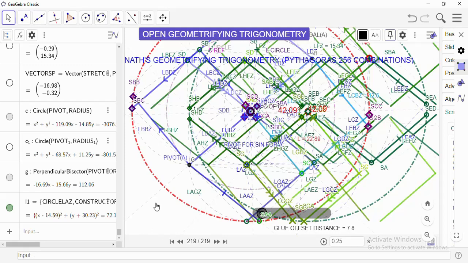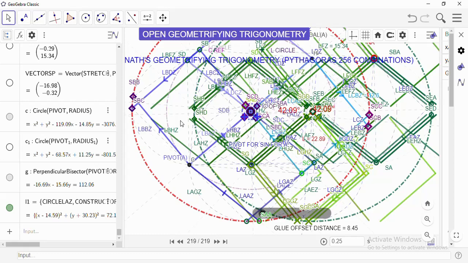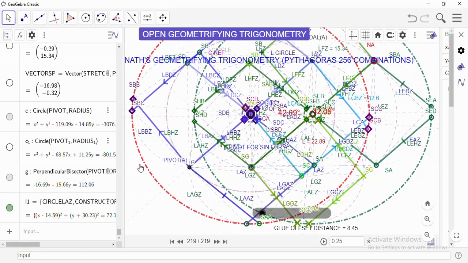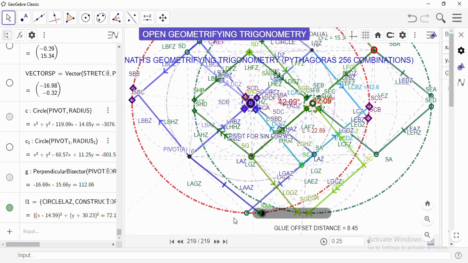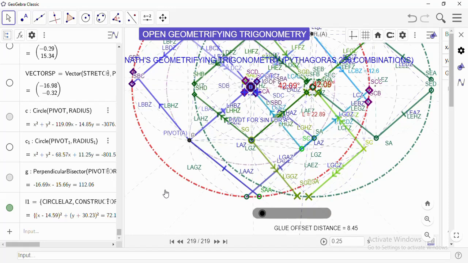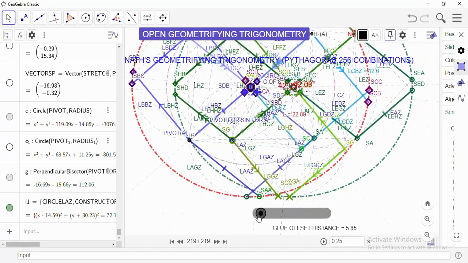On the left side the blue lines are there, and on the right side the green lines are there, which means we are trying to show the line segments of cos square theta and sin square theta separately. With that we can identify which line segments have a possibility to become collinear.